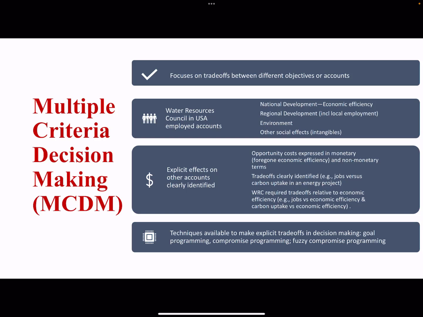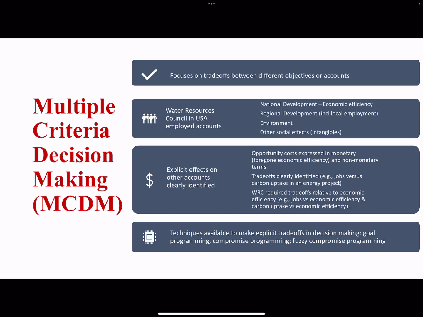Now, the explicit effects on other accounts need to be clearly identified. So opportunity costs were to be expressed in monetary terms, in other words, foregone economic efficiency, and in non-monetary terms. Trade-offs had to be clearly identified, so jobs versus carbon uptake in an energy project, for example, but it was more important to look at jobs versus economic efficiency and then carbon uptake versus economic efficiency.